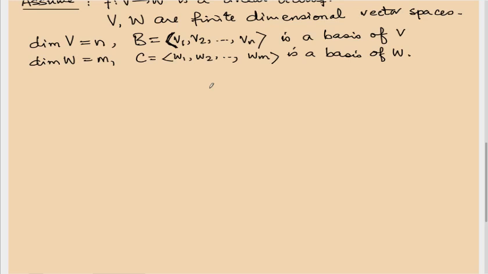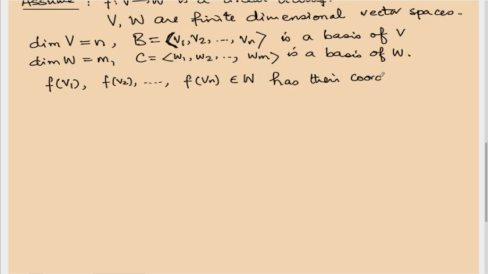I don't know any relation between n and m, but at least I know that the vectors Fv1, Fv2, and so on, each one of these vectors being in W, has its coordinates in terms of C.